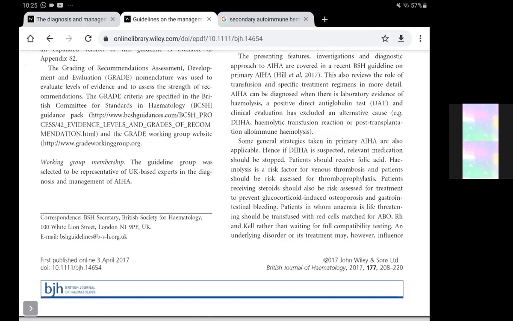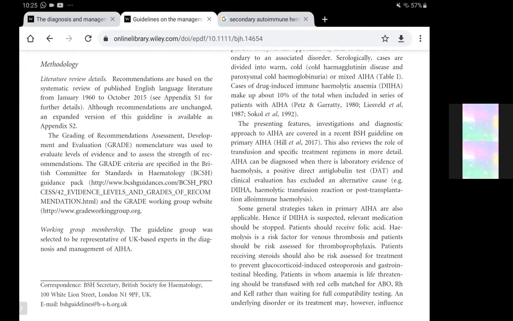Now, these guidelines, we had also gone through not only the laboratory diagnosis, but also the fact that the evidence of a positive DAT is needed, and after exclusion of alternative causes of immune hemolytic anemia, we can proceed with the diagnosis of autoimmune hemolytic anemia.